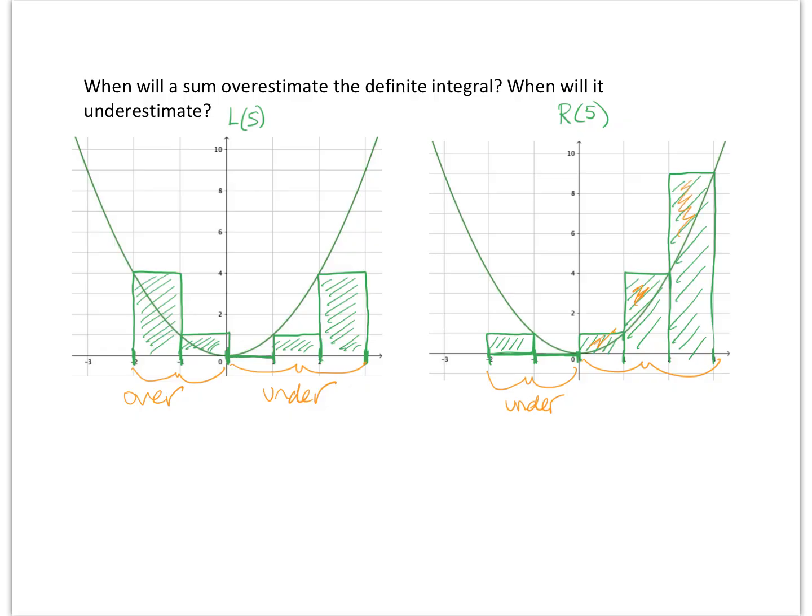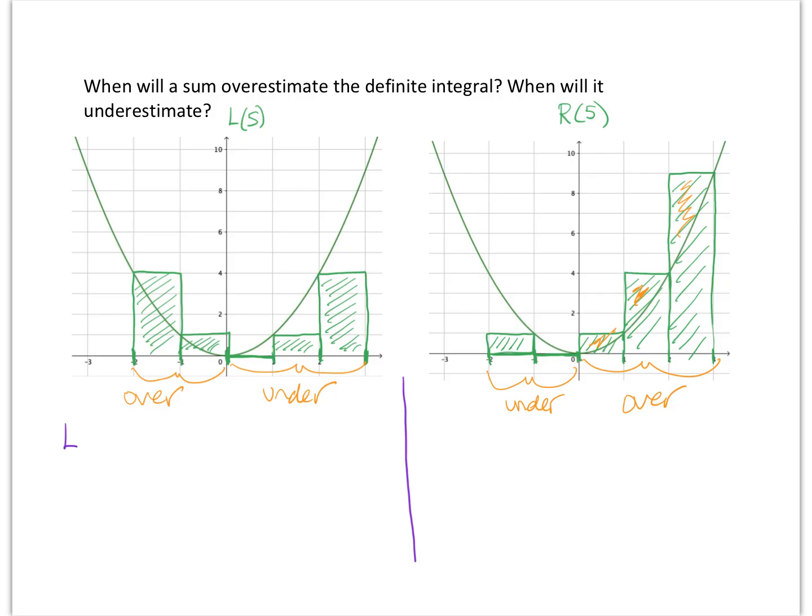So it's overestimating the area under the curve. So let's see if I can summarize what it is about the function. So this function x squared is decreasing until 0, and then it's increasing. And the rectangles do opposite things with left and right. So I'm going to write two sentences, one for left and one for right.